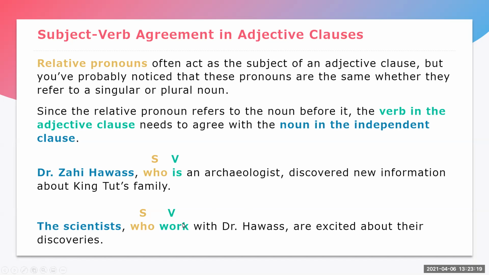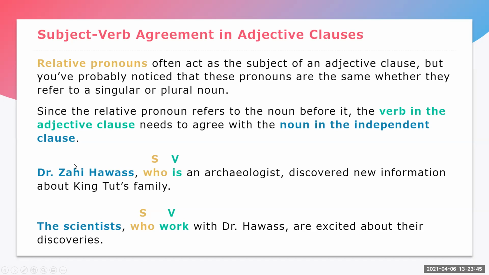On this slide, I've written two sentences. Dr. Zahi Hawass, who is an archaeologist, discovered new information about King Tut's family, and the scientists who work with Dr. Hawass are excited about their discoveries. In the first case, who here refers to Dr. Zahi Hawass.